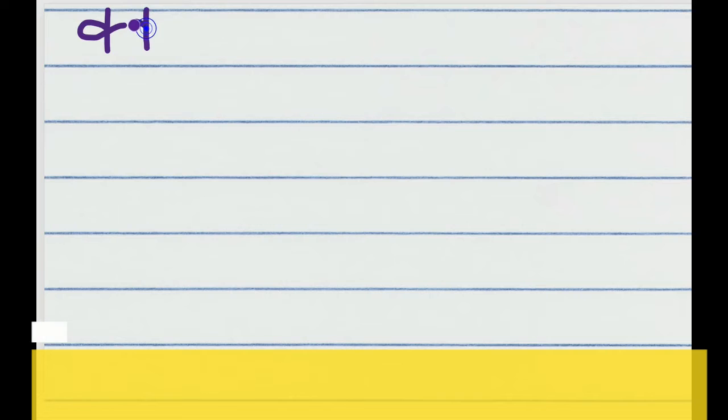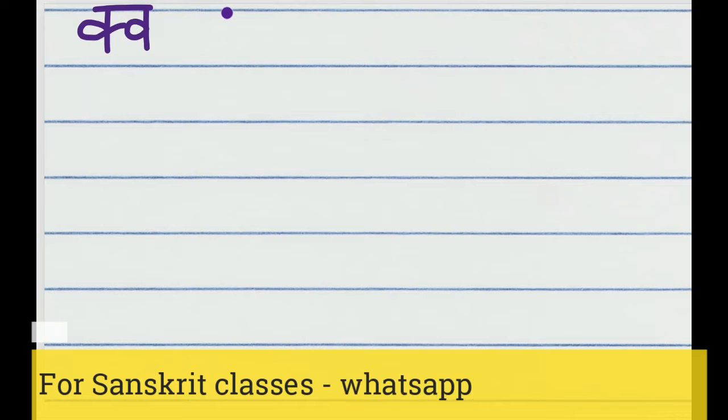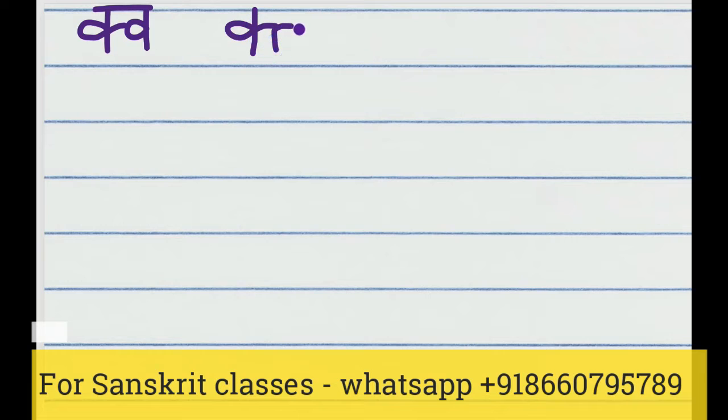So we write it half like this, and join it with v. This becomes kwa. Suppose you want to write kta, then again, k is half. So write half k and join it with ta.